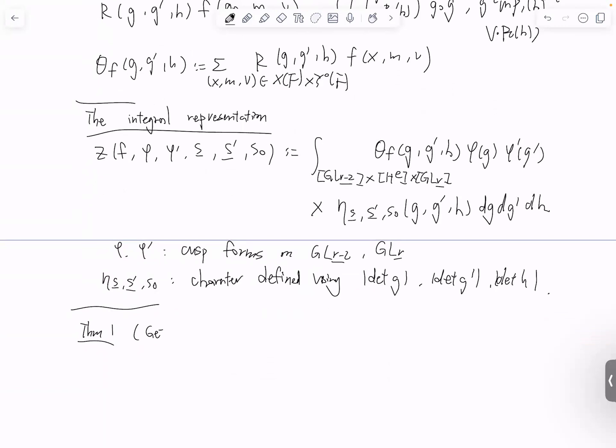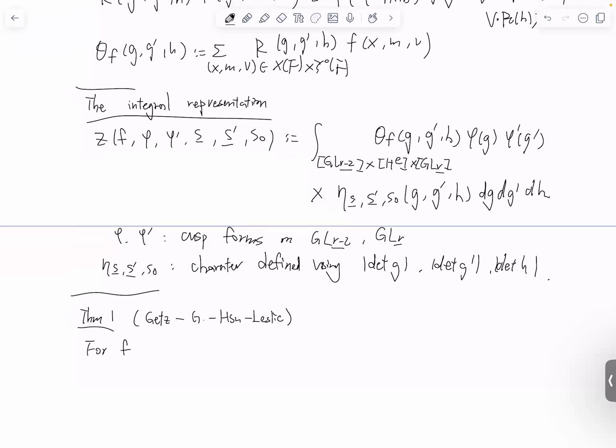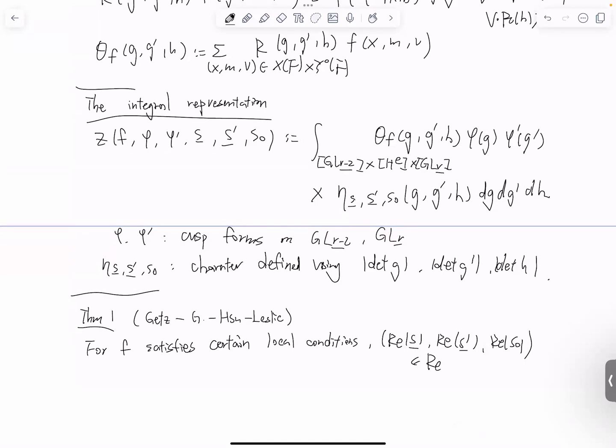So the first one is, again, this is joint work. For F satisfying certain local conditions, and also the real parts of s prime and s naught satisfy some conditions: the first six parameters, because there are 3 copies, have real part greater than 2, and the last one has real part greater than 3/2.